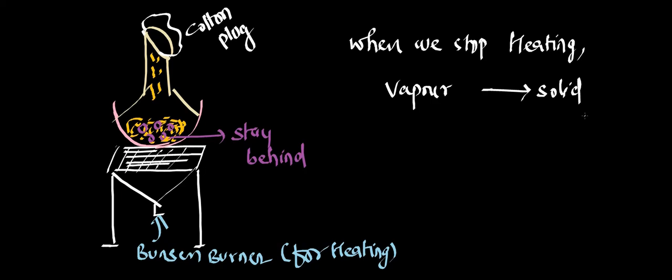The vapors undergo the solidification process now, and they stick to the inner walls of this funnel. They just undergo reverse sublimation. And what is this called? This is called the solidified form of vapors. We just take them out. So this is how we do the sublimation process.